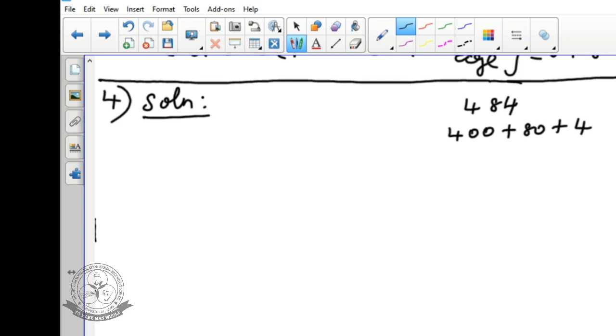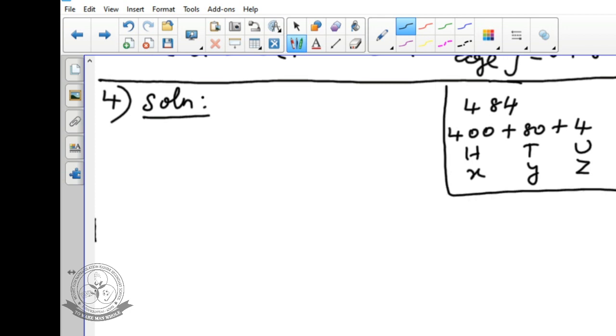So this will be in the hundreds place, this in the tens place, this in the unit place. So we assume that the hundreds place is X, the tens place is Y, and the unit place is Z, and we form the equations like that. So we assume the 3-digit number has hundreds digit X, tens digit Y, and unit digit Z. So we are going to follow like that.